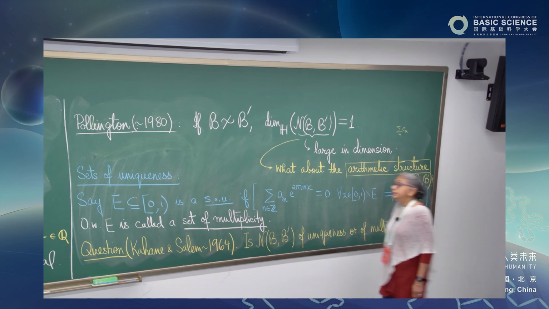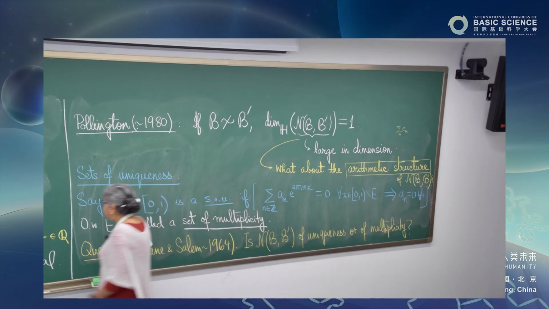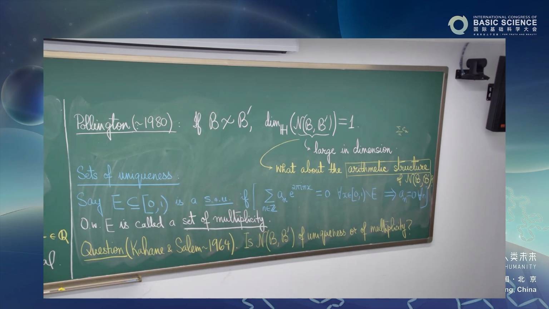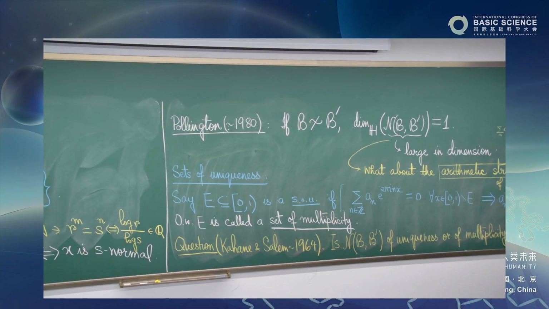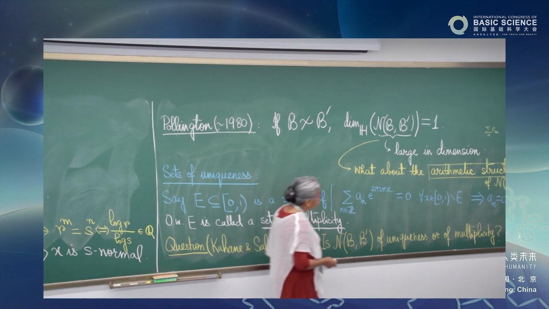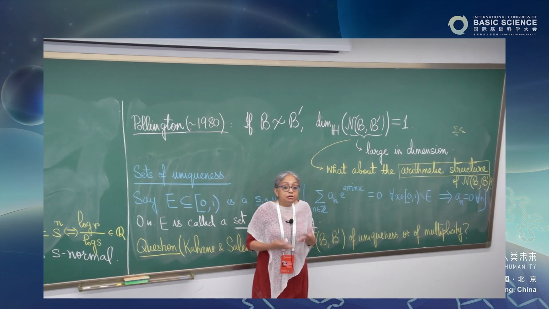Now, Kahane and Salem had a wealth of literature leading up to this question. They actually phrased this question not as I have done it, but from something else they were discussing, which has to do with Rajchman measures.